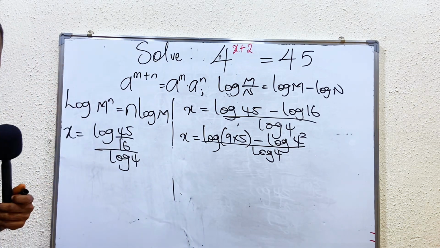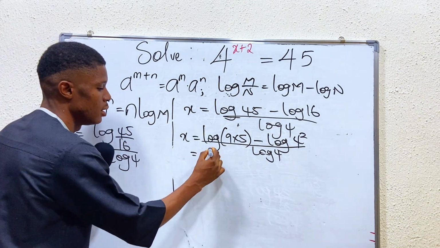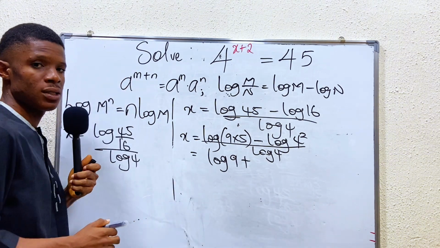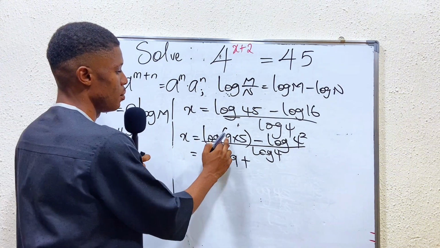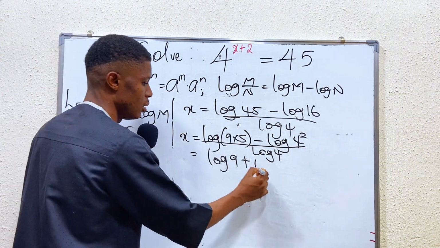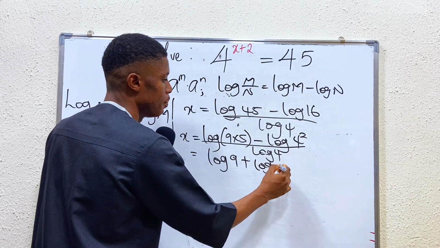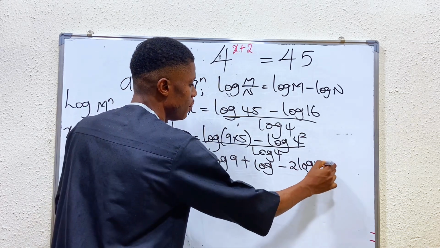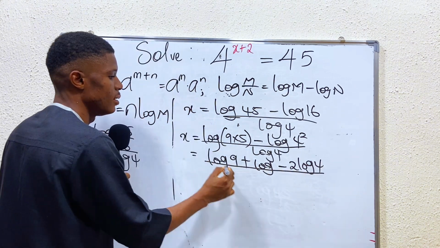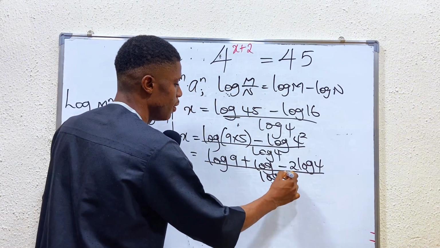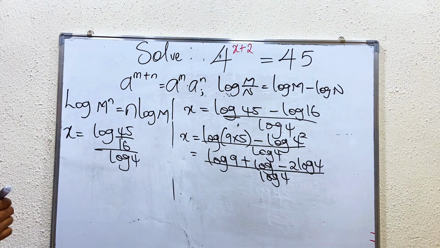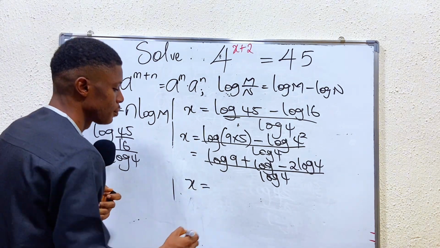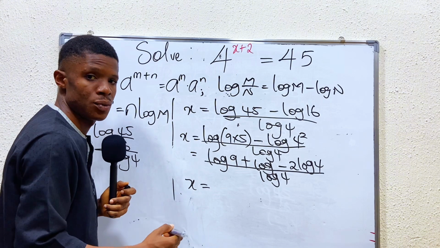We can actually split. We have log 9 plus log 5, because when we are multiplying in the same base, we can split the log, minus 2 log 4, all divided by log 4. So now to get the value of x, we can say that 9 can be seen as 3 squared, right?